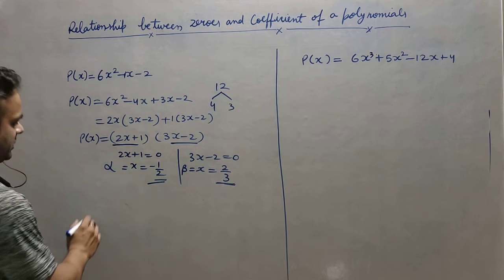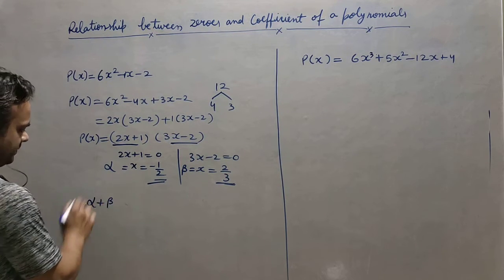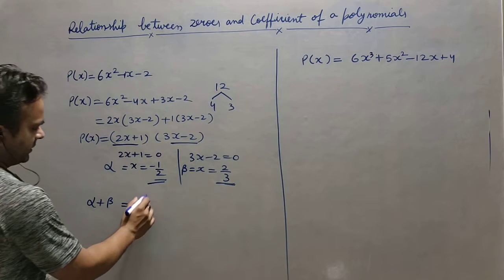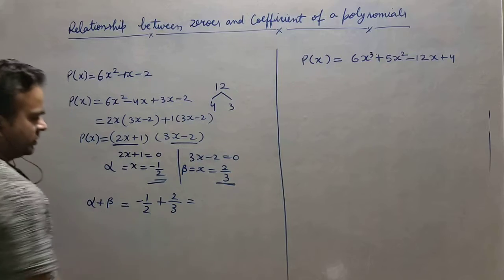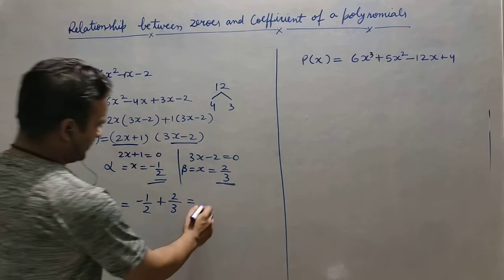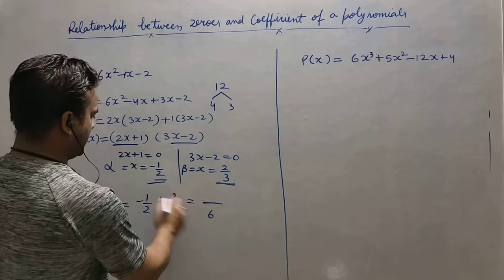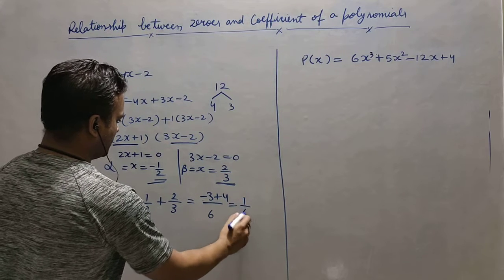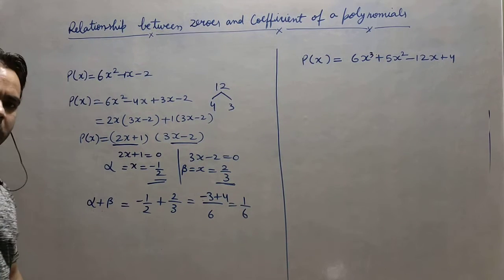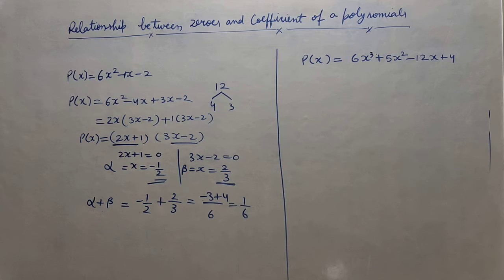So alpha plus beta: what do we get here? Minus 1 upon 2 plus 2 upon 3. If you take the LCM, it is 6, so minus 3 plus 4, we get 1 upon 6, right? Okay.